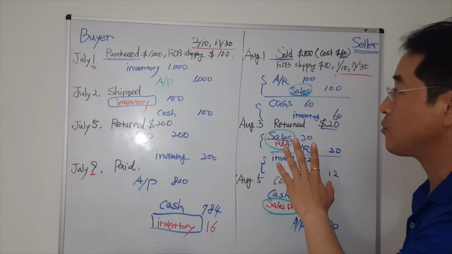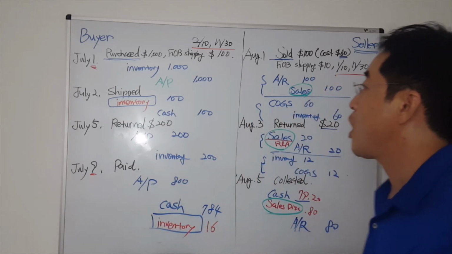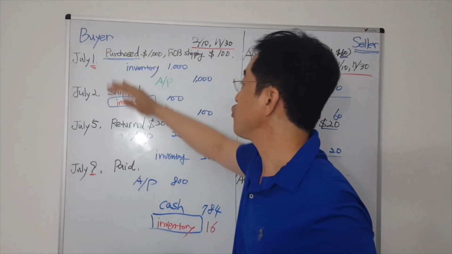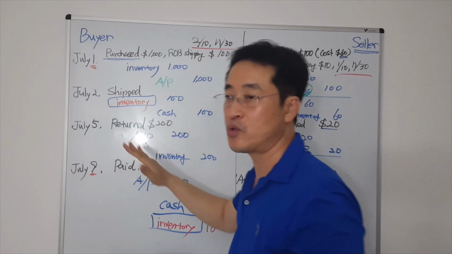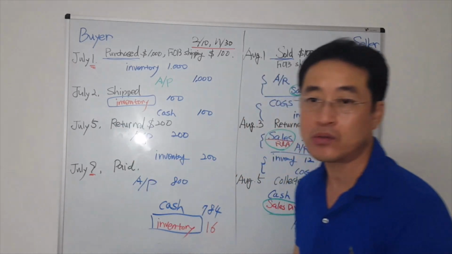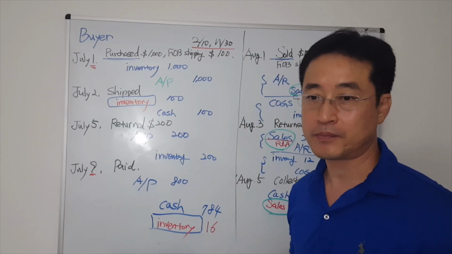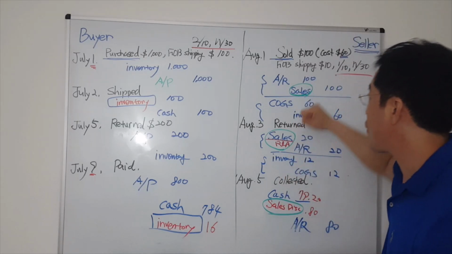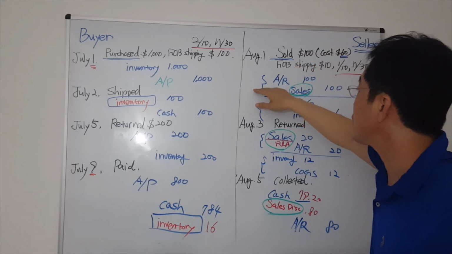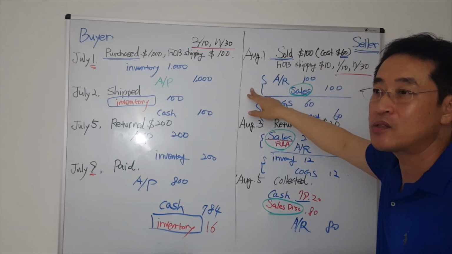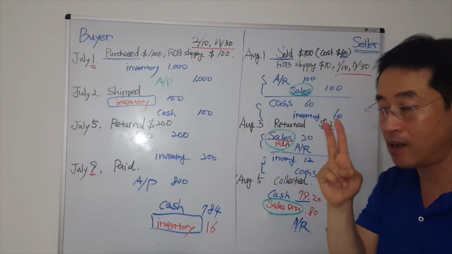Once again, to sum up, using the perpetual inventory system, under the buyer's point of view, your purchase, shipping charge, return, even discount, go into inventory accounting. And then when you're a seller, you record revenue, and at the same time the level of inventory and cost of goods sold. We need two sets.